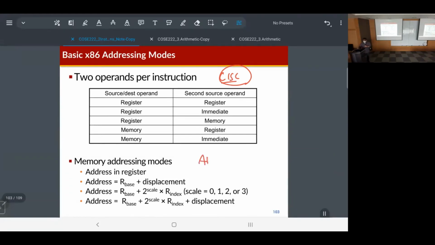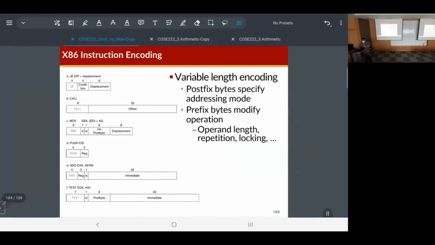If we think of the add instruction in a CISC type ISA like x86, the add instruction can also access data in main memory, and it supports very complex addressing modes. Also, x86 exhibits a very complex encoding rule.